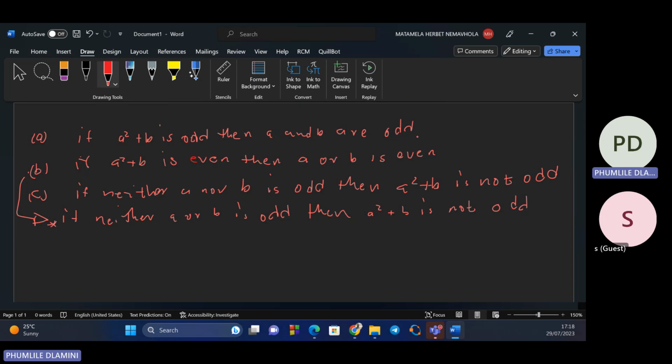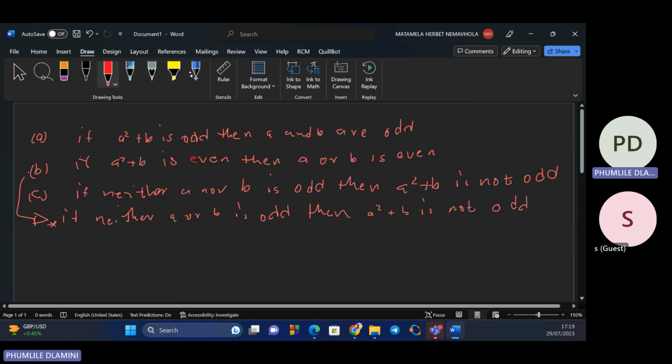No, this one is not the memo. It's somebody's work, not the memo for this question paper, because that person made a mistake there. Let me just verify, but it's someone's memo, not the university memo.